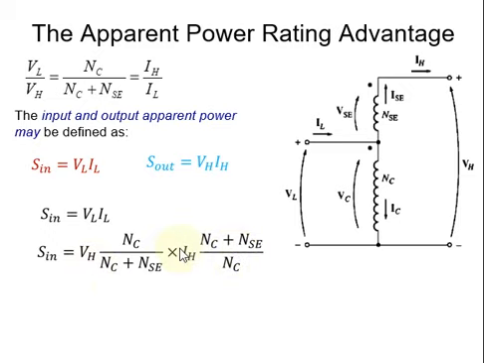So the output would be VH IH. And so S in is equal to S out, and this can be written as SIO, like the apparent power at the input as well as the apparent power at the output.